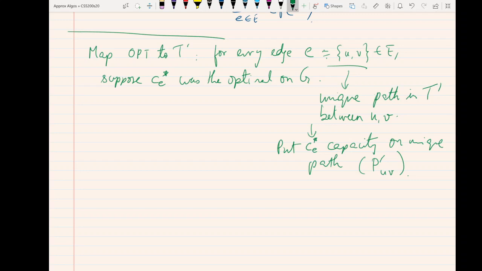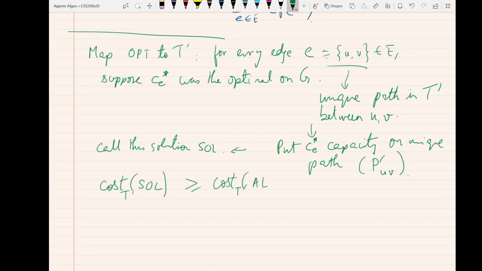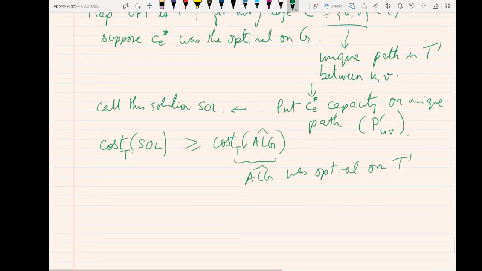Okay, and of course this is not the optimal solution because we have somehow lifted it from a solution in the graph metric. And therefore what we can immediately conclude, so call this solution sol, and then what we can conclude, as I said this already before, is that the cost of sol is greater than or equal to the cost of the optimal in T prime. And it's because we solved it optimally on T prime.